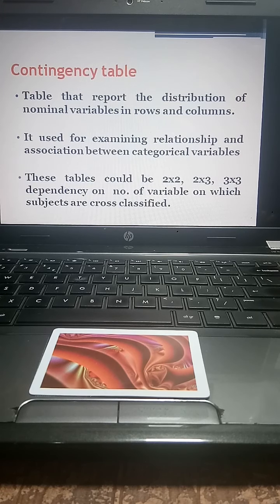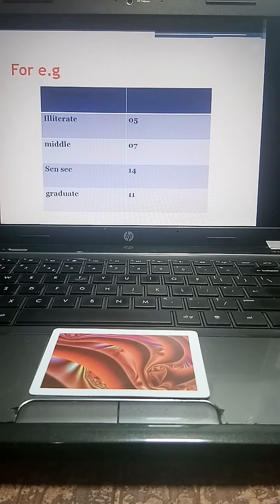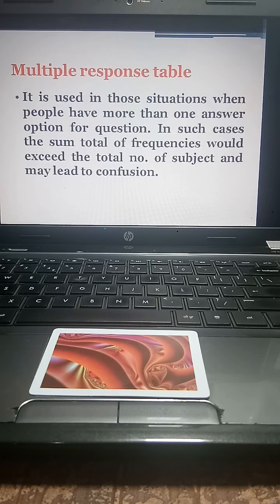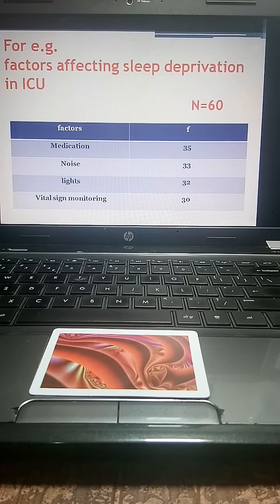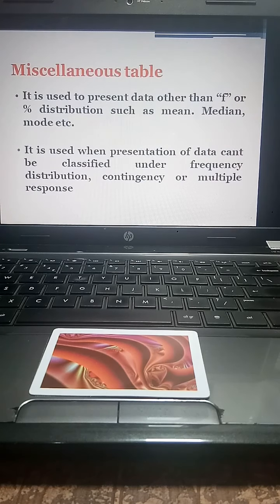These tables are used to present the association between the different variables. Those tables are known as the contingency table. Then the multiple response table, those tables used when the people have more than one answer for the same question. So we are using the multiple response table, and the other tables we are using except these discussed tables are termed as the miscellaneous table.